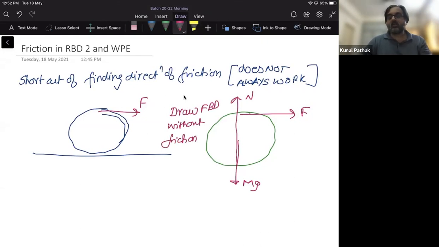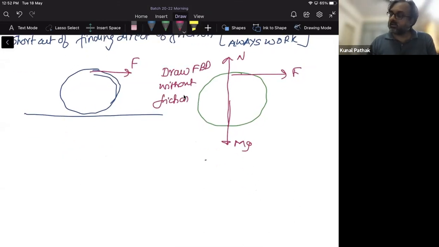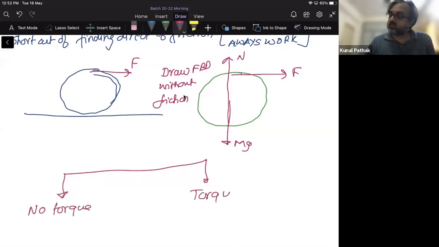Okay, and then all you have to do is ask yourself a single question: is there a torque acting on the system in the absence of friction? So there are obviously two choices. One will be that there is no torque, and the other will be that there is torque.